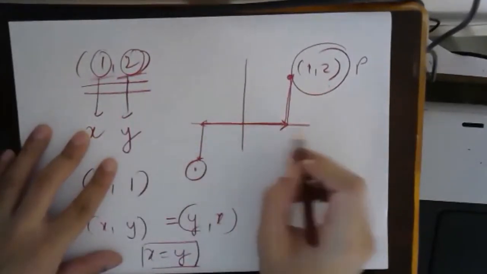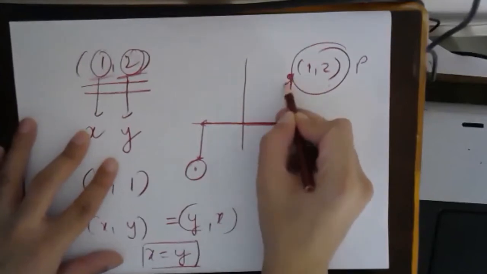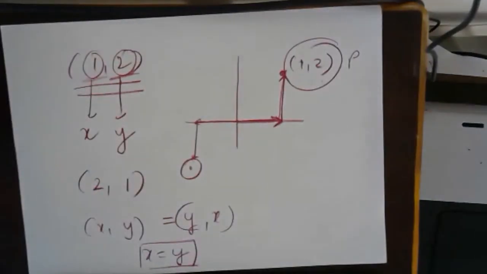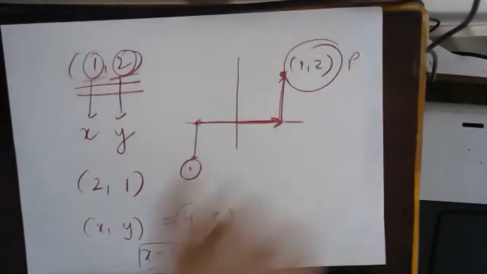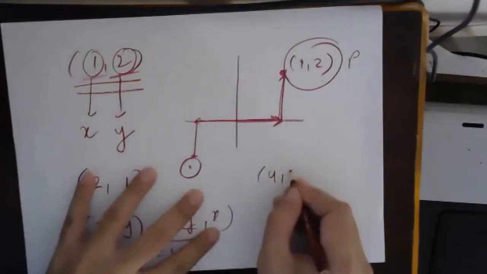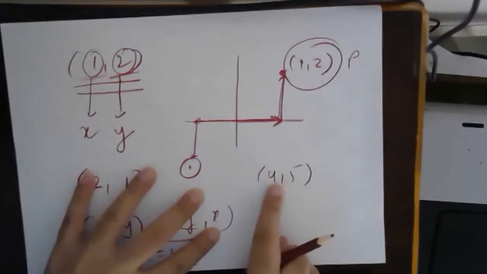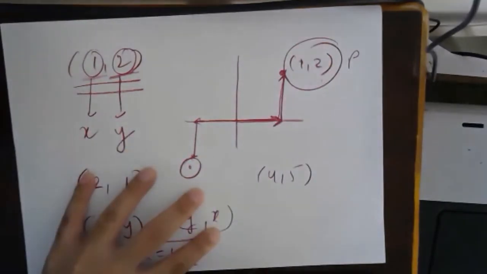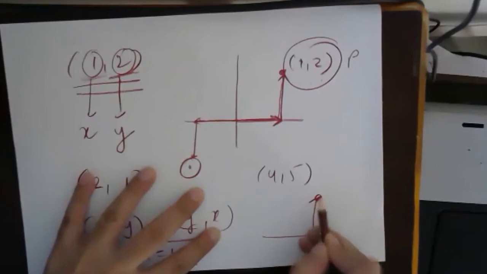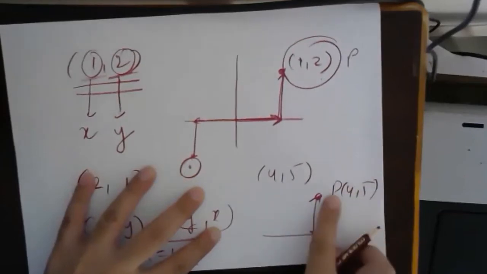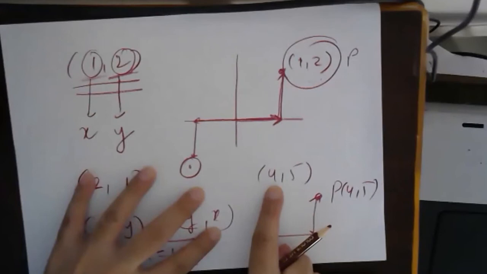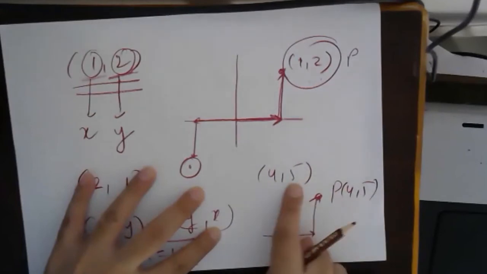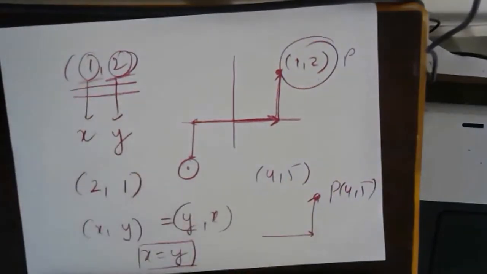It is moving 1 in the x direction and 2 in the y direction. Suppose I say 4 and 5, that means it's a link of 4 and 5, that it is moving 4 in x and then 5 in y. So this is a point P, which is 4, 5. So how is this point linked? x is linked with 4, and y is linked with 5. Understood? So in coordinates also we have seen an ordered pair.